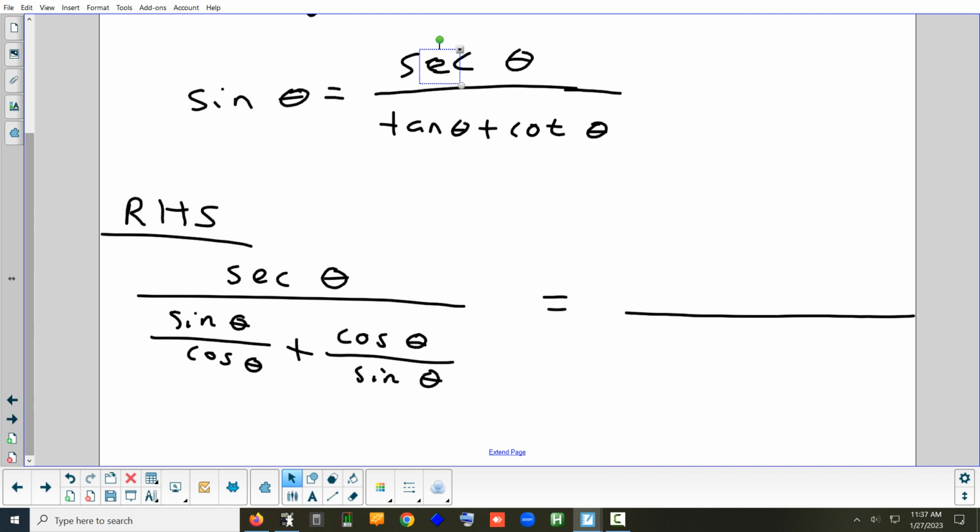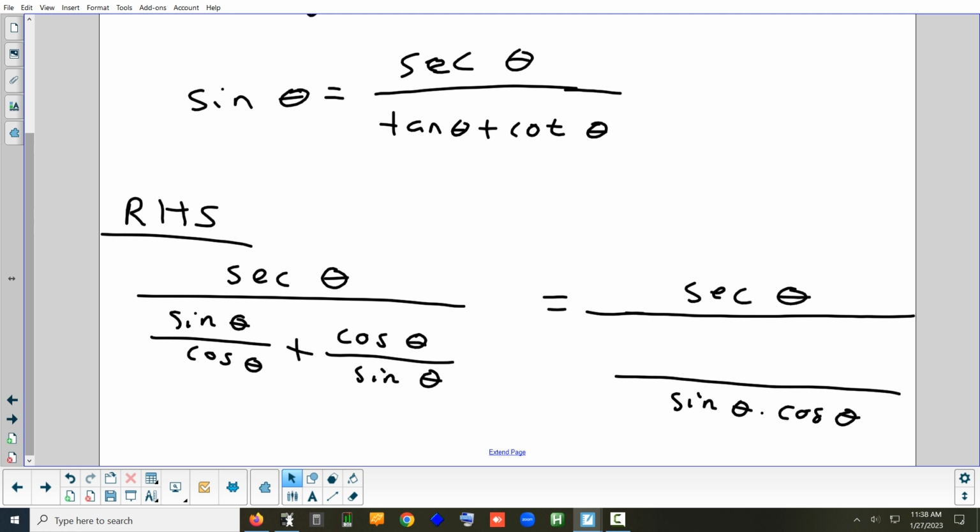Yeah. Oh, sorry, sine times cosine. It's going to be sine times cosine. Actually, I shouldn't put that there. Let me put the top first. And then the bottom is going to be more like down there. Sine times cosine.